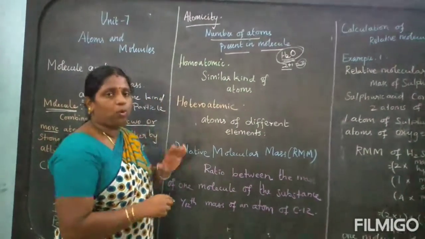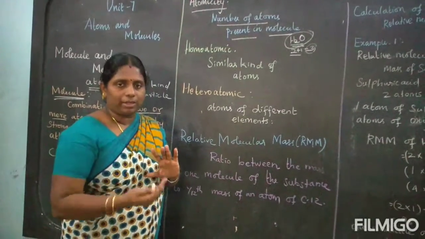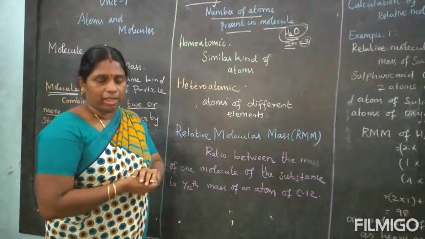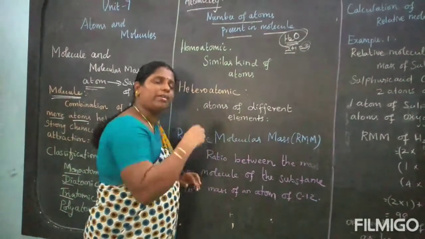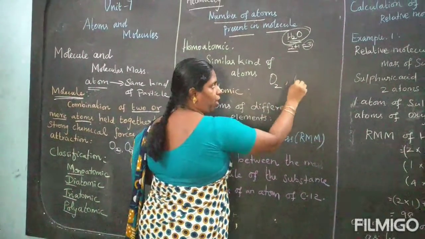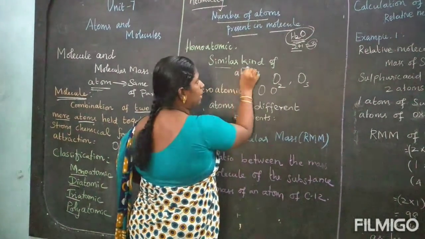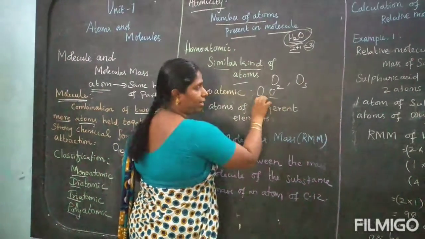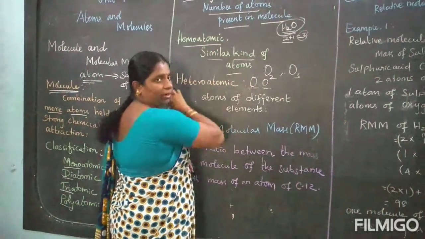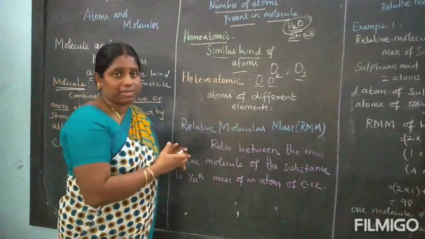The next one, homoatomic. You know monoatomic, diatomic, triatomic, polyatomic. Homoatomic means the same kind of atom is present, say oxygen, O2 or O3. Oxygen is O, so the same kind of atom should be present. That is called homoatomic. O3 means 3 atoms of the same kind are present together.